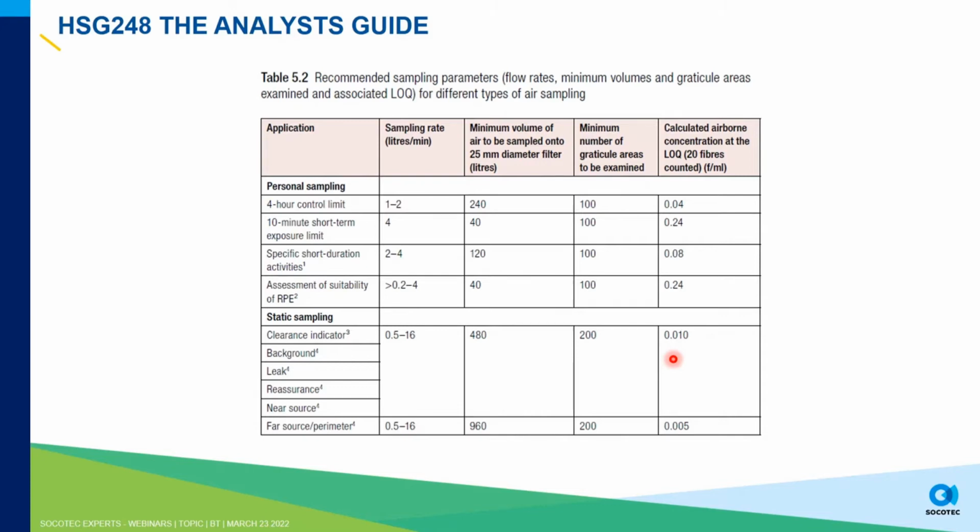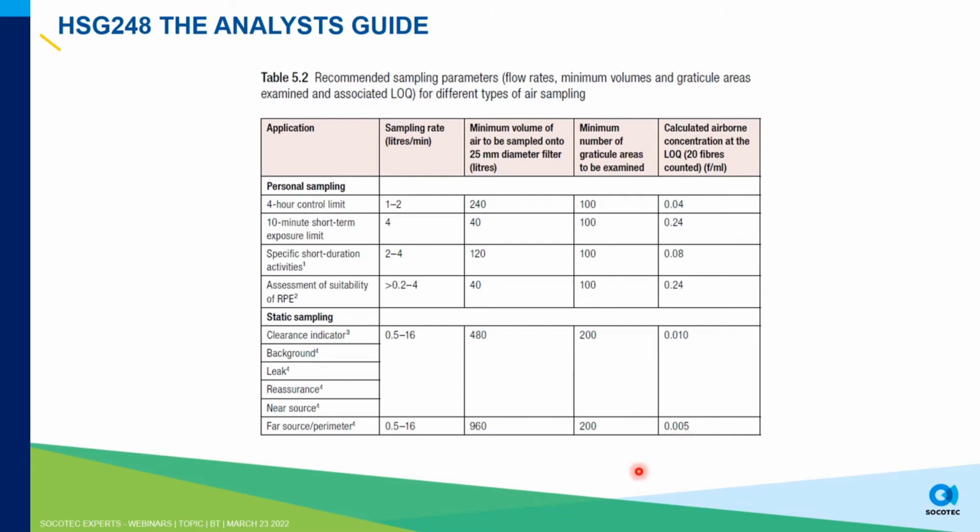This is because we have a volume set at 480 litres, and we count 200 graticules on the filter. A graticule is a circular area, and I'll show you some examples of that in a few more slides. However, you notice here for far source monitoring, we are taking a larger volume of sample, still counting the same number of graticules on the filter, but we're getting a much lower level to report to, down to 0.005 there.